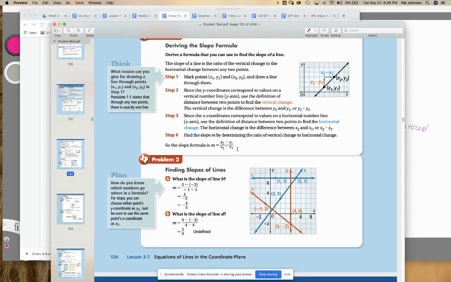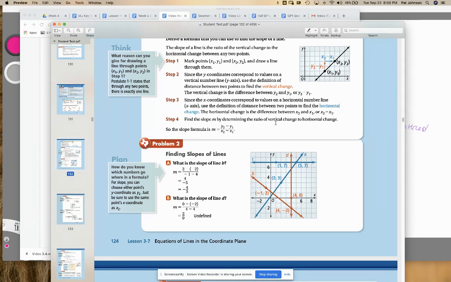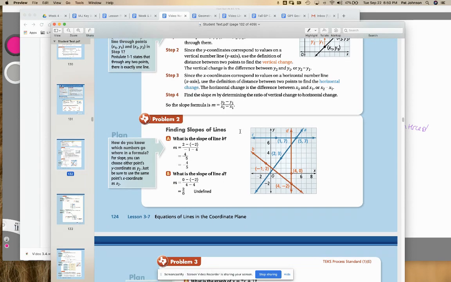Then we do the same thing for the x-coordinates and find the distance from here to here on the x-axis. So we're going to take x2 minus x1. Then to find the slope, we determine the ratio of the vertical change, y2 minus y1, over the horizontal change, x2 minus x1. So there's your slope formula. That's how they derived it.